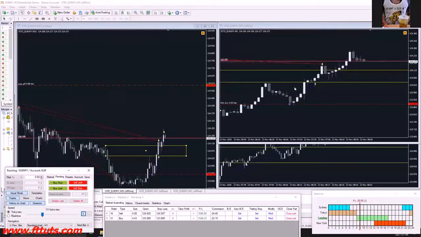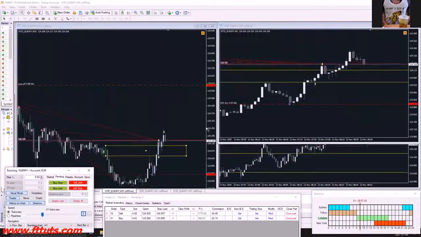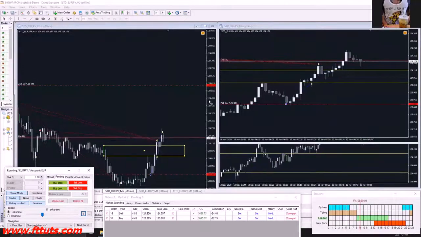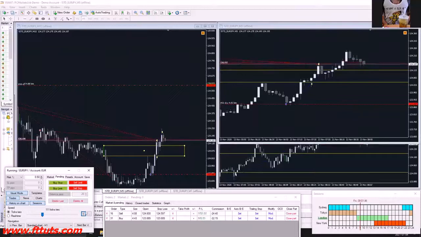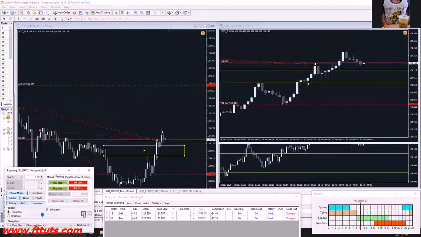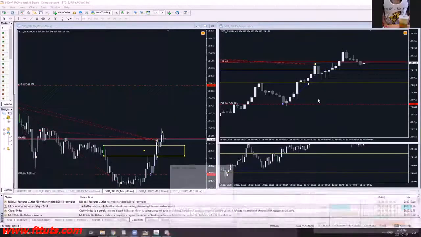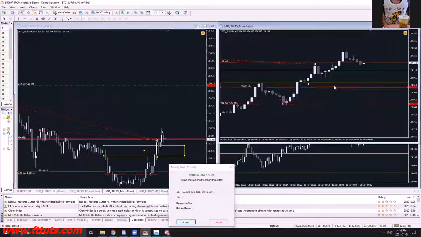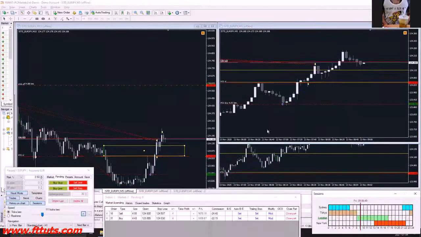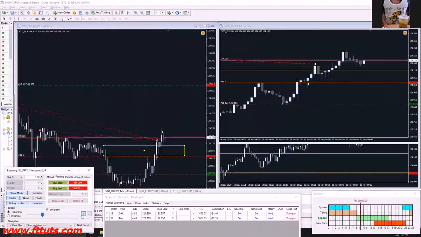Not going to look for a long scalp just because of the 15-minute structure. What I could also do with this long order is manage your stop, put it up to the previous swing, right?